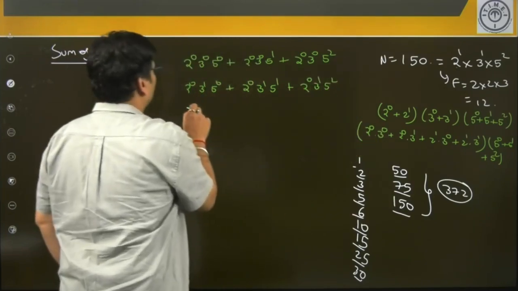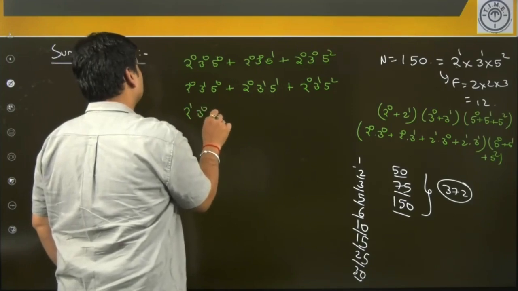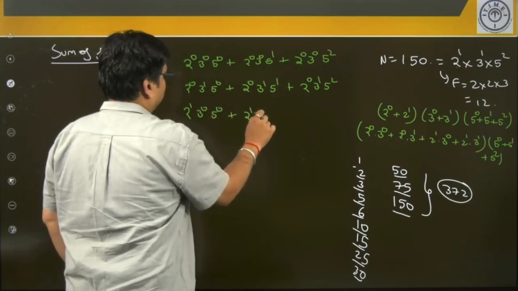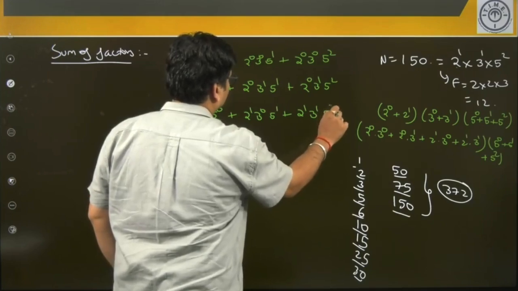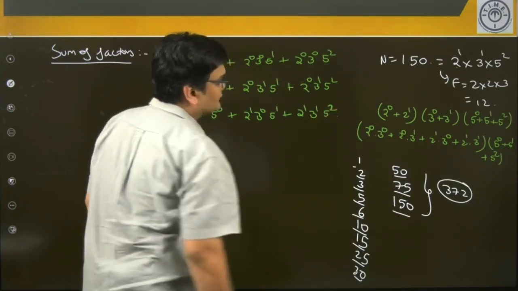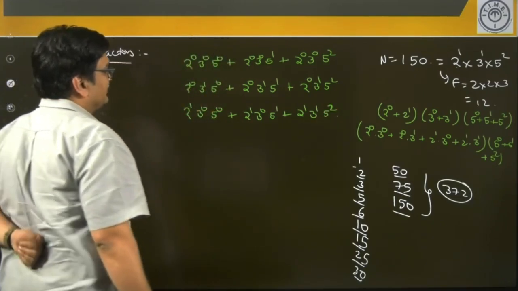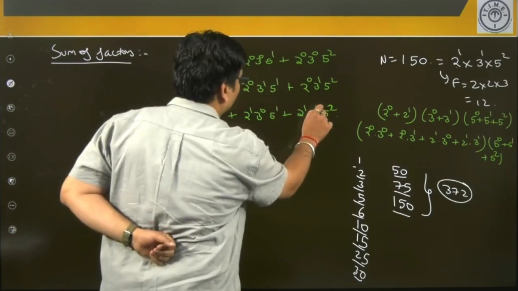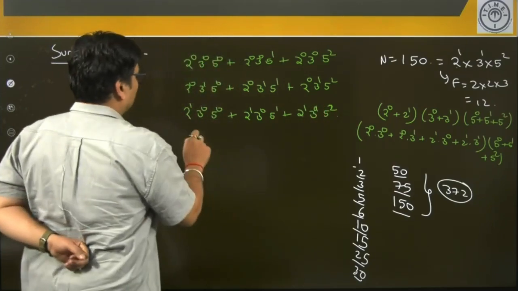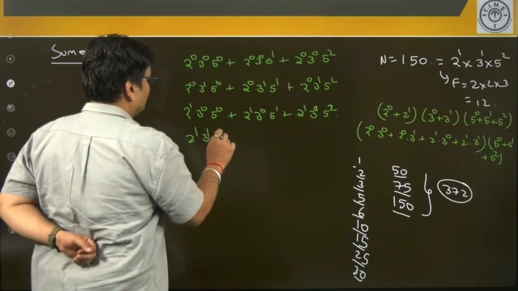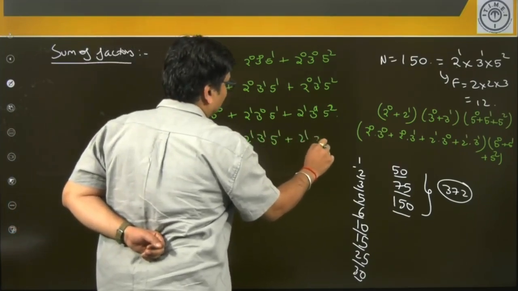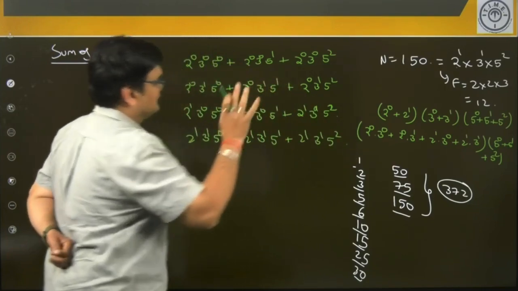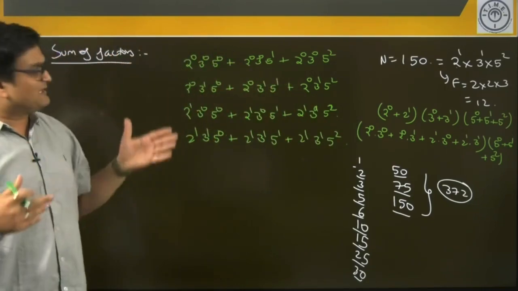Similarly, third term 2 power 1, 3 power 0, and so on. In the last term, 2 power 1, 3 power 1, 5 power 0, 2 power 1, 3 power 1, 5 power 1, 2 power 1, 3 power 1, 5 power 2. So when I open up all the brackets, this is what I get.